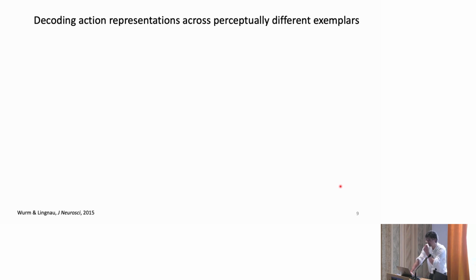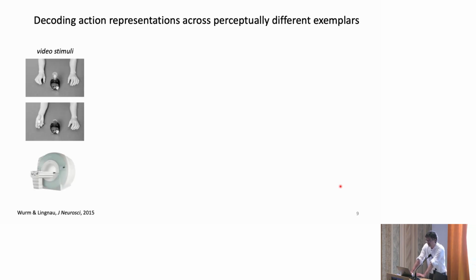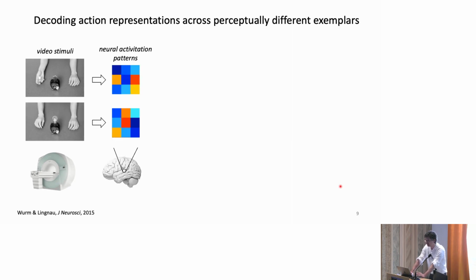So let's start with the first criterion. Which action observation network regions generalize across perceptually different action exemplars? We scanned participants while they observed videos of actions, like opening and closing a bottle. Then we extracted neural activation patterns associated with these actions, and then trained a classifier to distinguish these activation patterns.